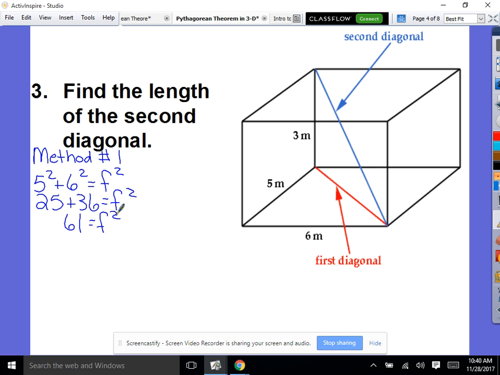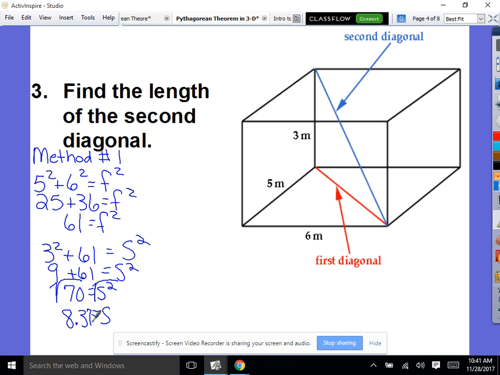And so now, to get that second diagonal, we're going to say 3 squared plus 61, because that's F squared, equals S for second diagonal squared. So 3 squared is 9 plus 61 equals S squared. 9 plus 61 is 70. And if we take the square root of both, we get S equals the square root of 70, which is 8.37.